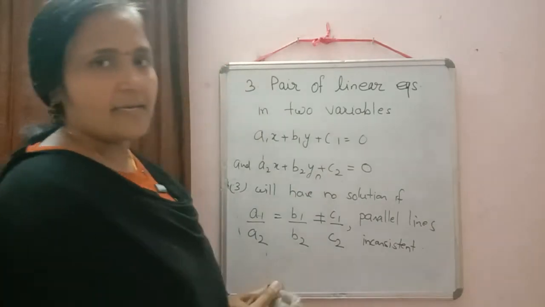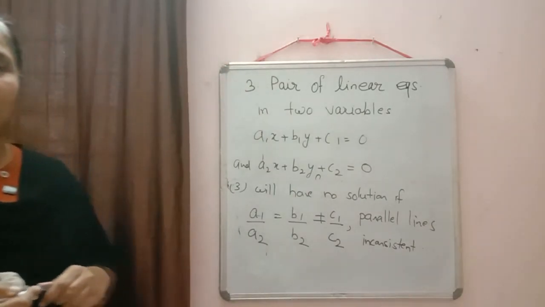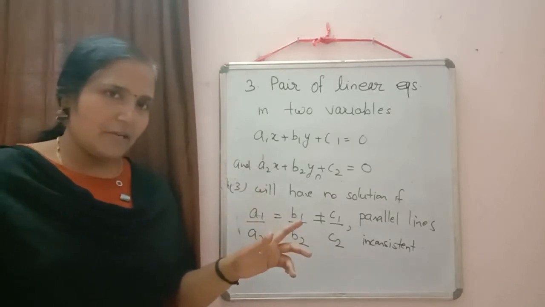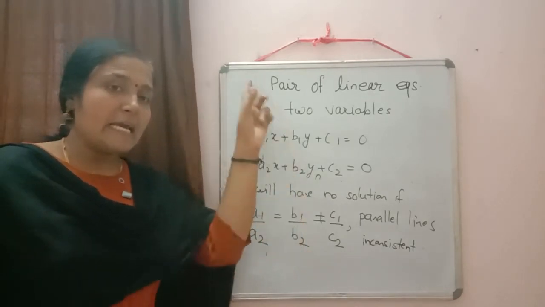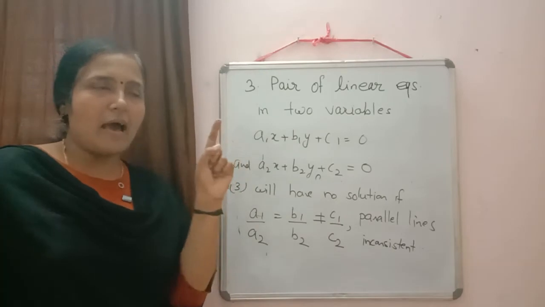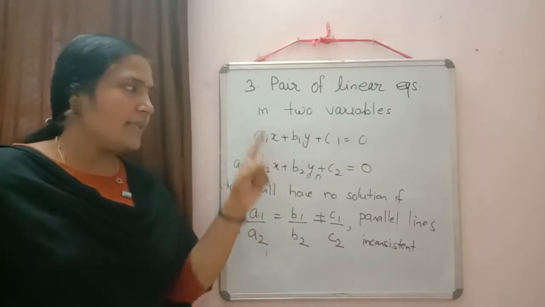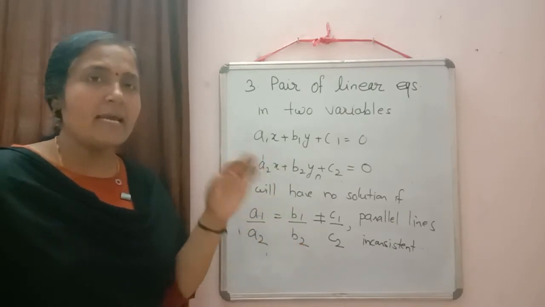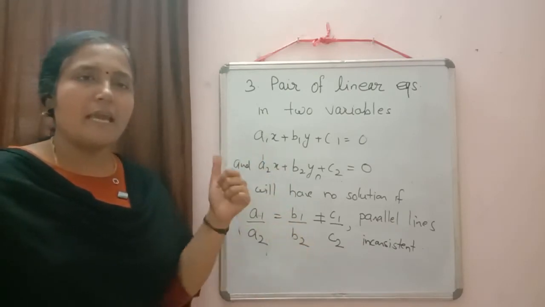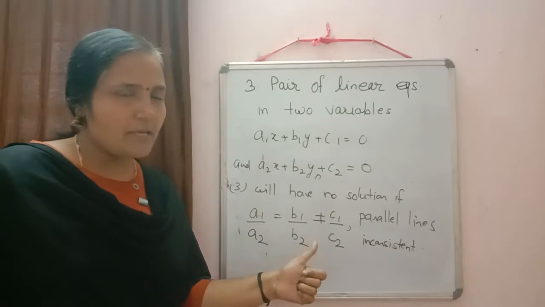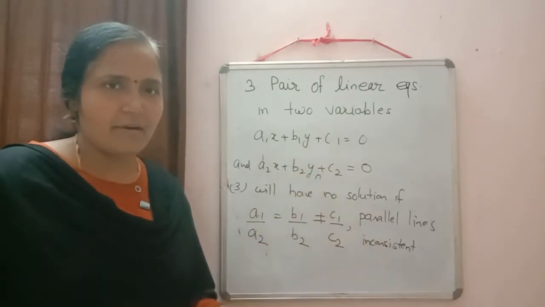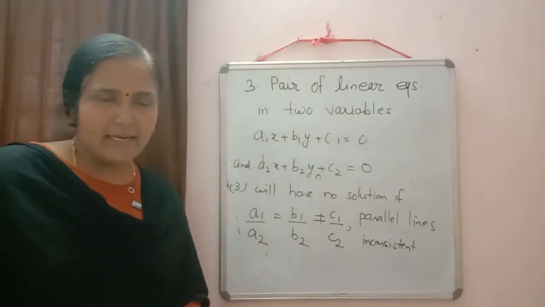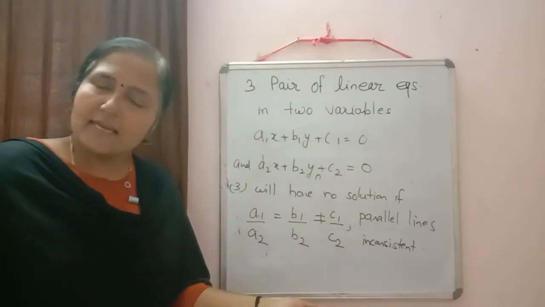So these are the conditions. If they intersect at one point, a1 by a2 not equal to b1 by b2, intersecting lines, so we will have a unique solution. That's why the given system of equations is consistent. Second point, infinitely many solutions: a1 by a2 equal to b1 by b2 equal to c1 by c2, coincident lines, and it is consistent.